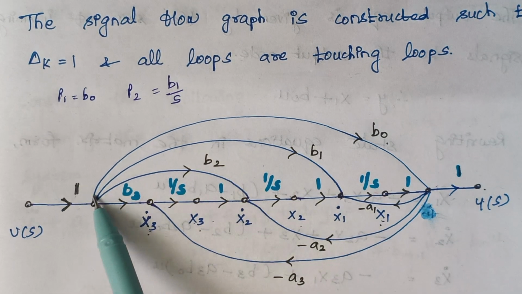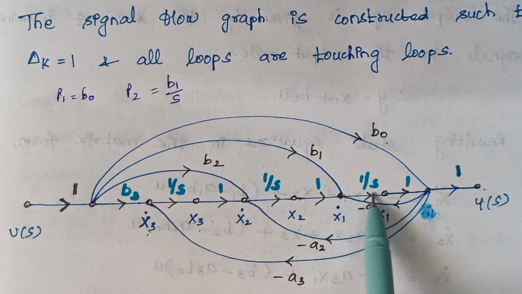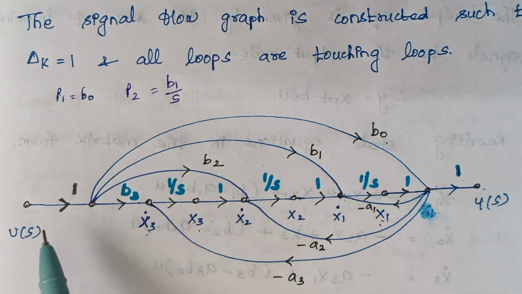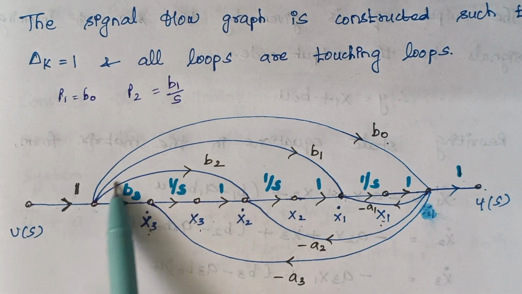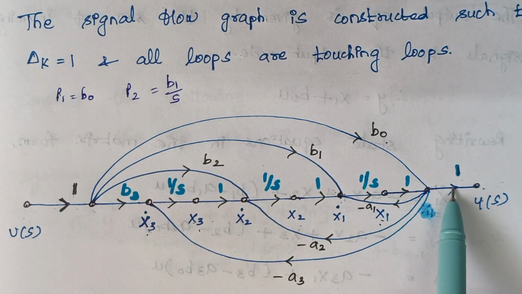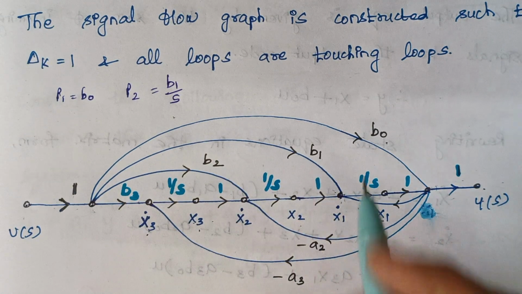So this path has a gain of b1, and here we are having 1 by s already. So to the output, when you calculate the forward path gain, you see this and over this. So b1 into 1 by s, which is b1 by s, right? So this is our second path gain.